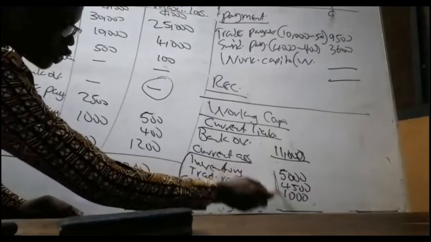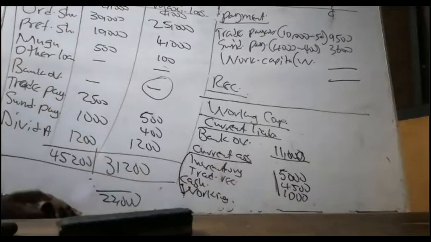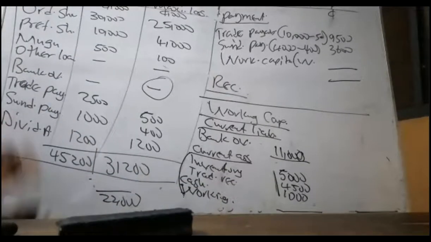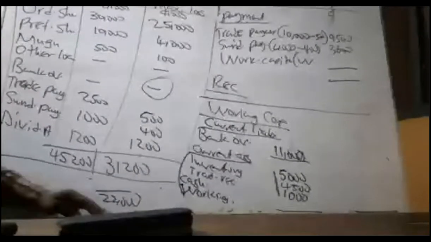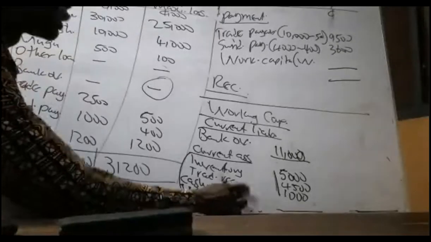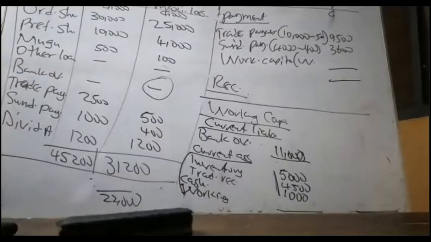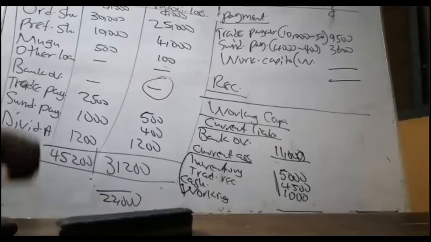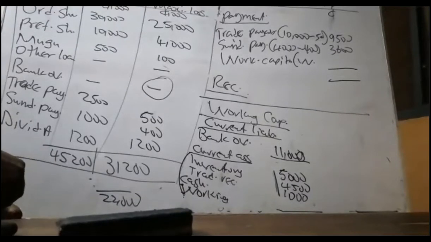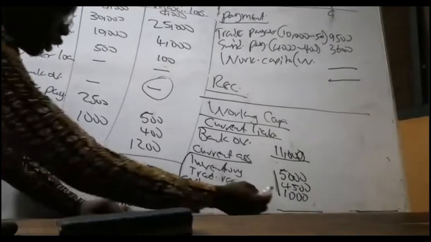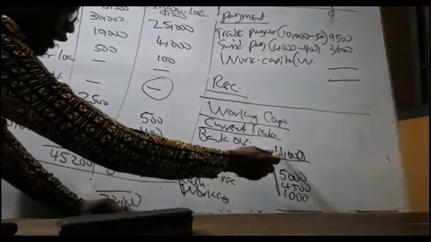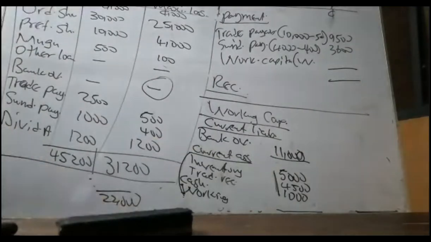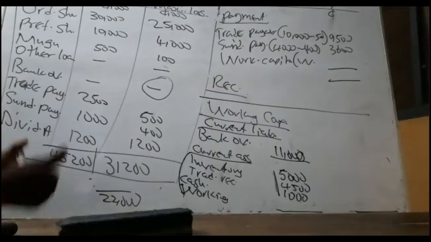If they are not equal to 22,000, the difference represents what? The working capital requirements. So the difference. Good. So 11,000 times 2, that will give us 22,000.